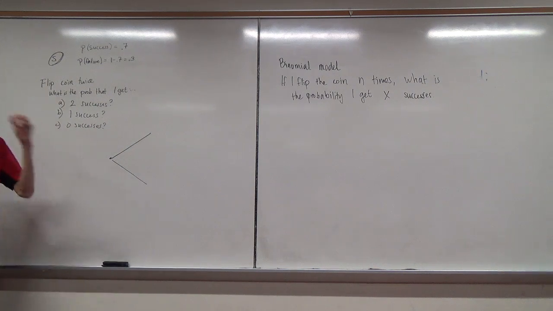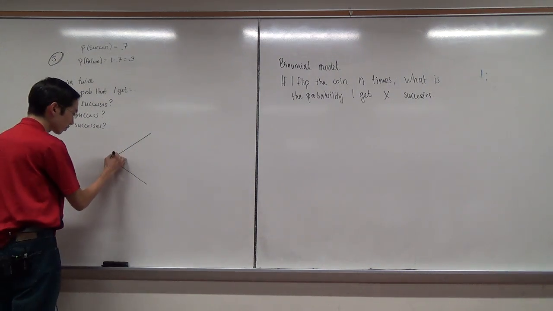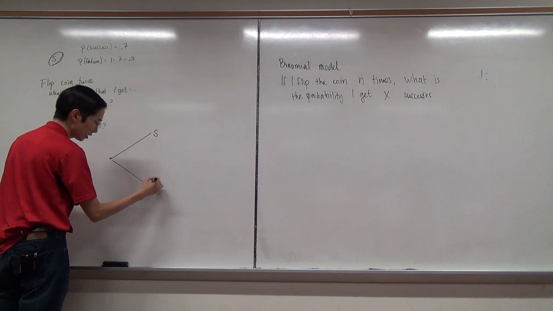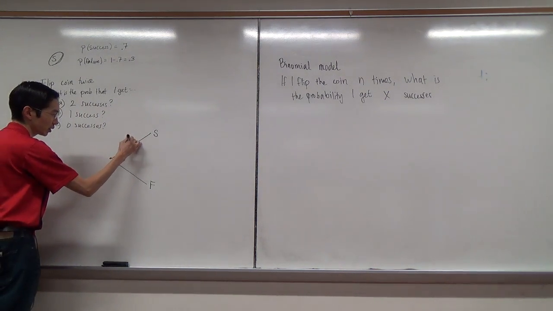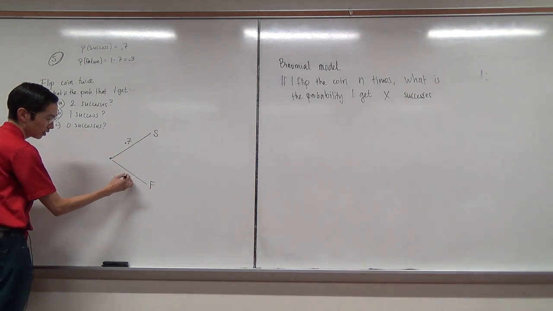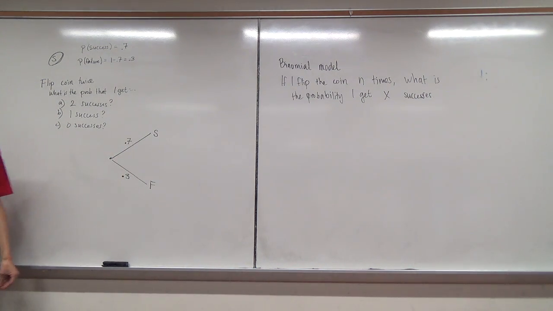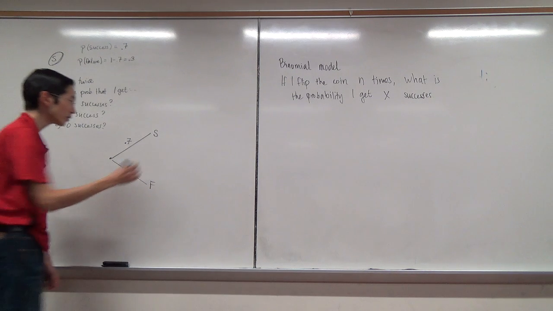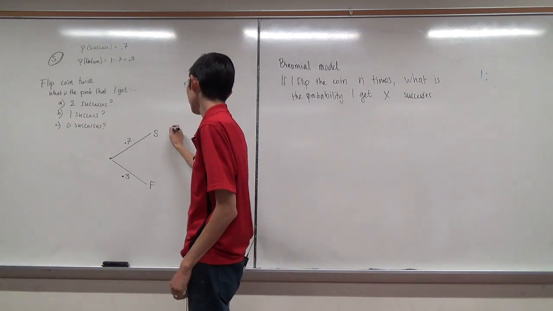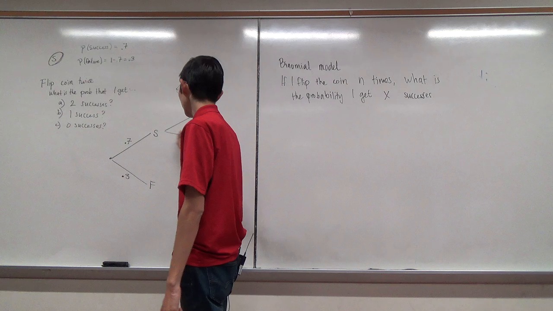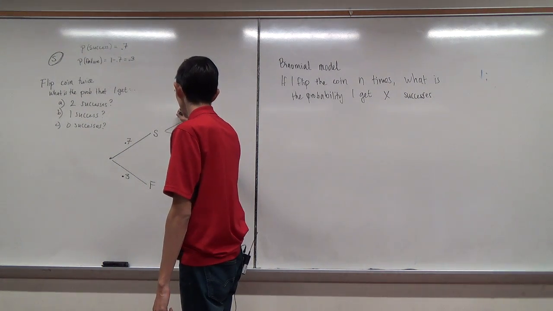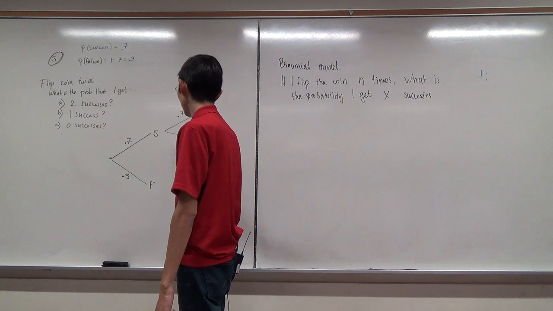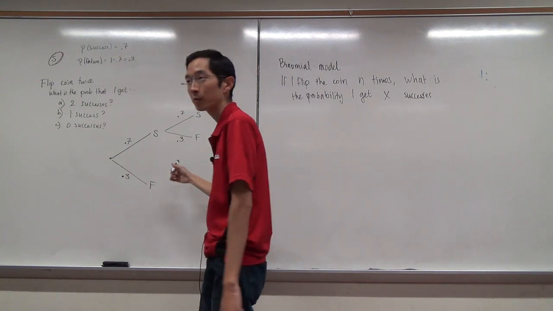Okay, so we'll do this with a probability tree. So the first coin flip could land either on success or failure. It lands on success with probability 0.7 and failure with probability 0.3. If it lands success on the first one, the second coin flip could then also go success or failure, with probability 0.7 and probability 0.3.